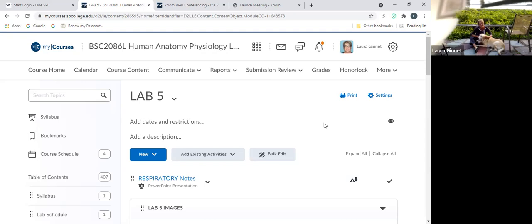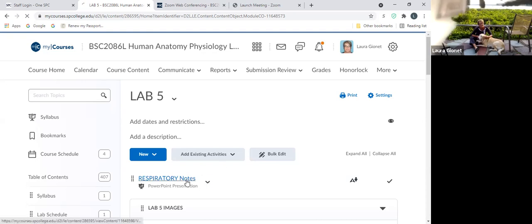You measure your tidal volume, which is the quantity of air you're breathing in and out, turning over in your lungs, just normal breathing at rest, and then you have your expiratory reserve and your inspiratory reserve. But just looking at the pictures, I do that in lecture.